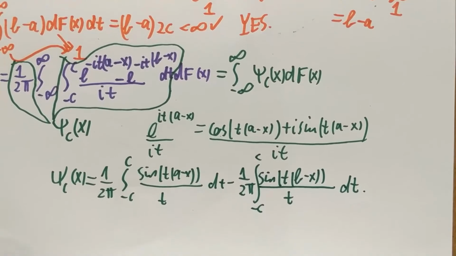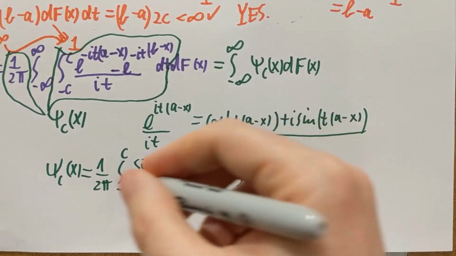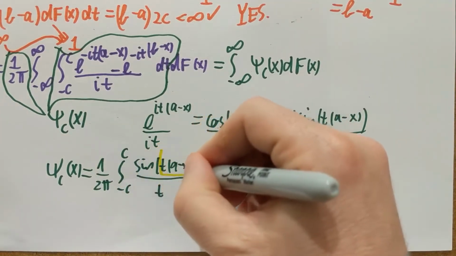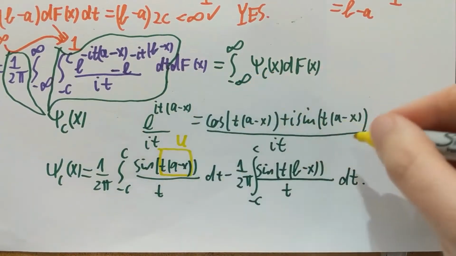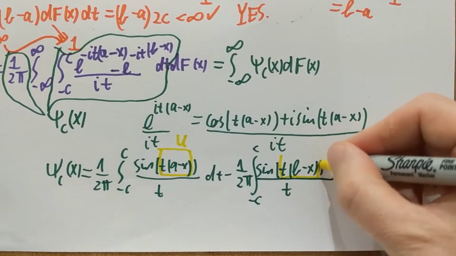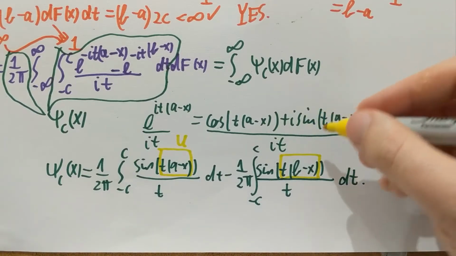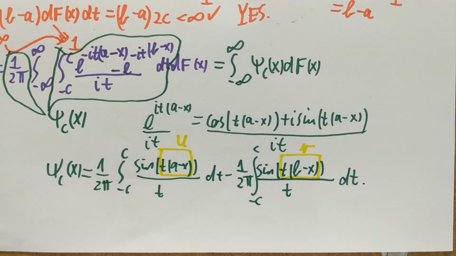Now, before I investigate this a bit further, let me just do a change of variables. I'm going to introduce a new variable. So t(a minus x) is going to be a new variable u for the first integral, and t(b minus x) is going to be a new variable v for my second integral.